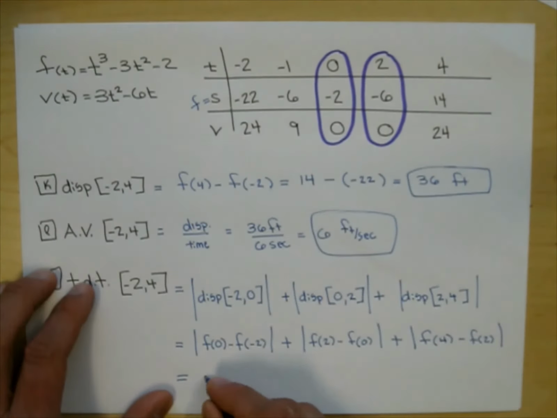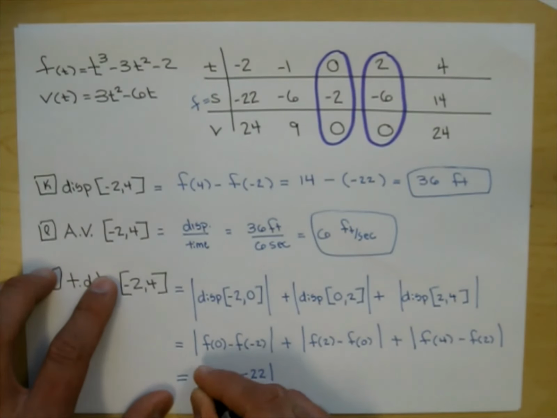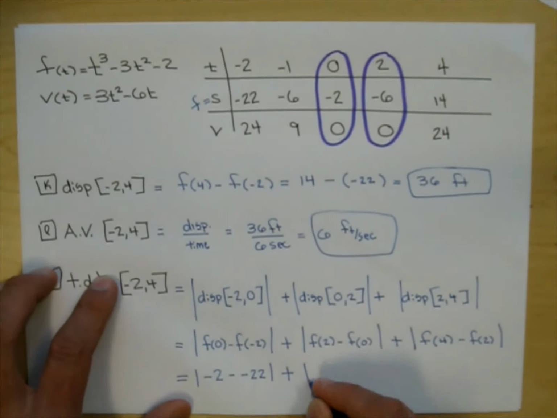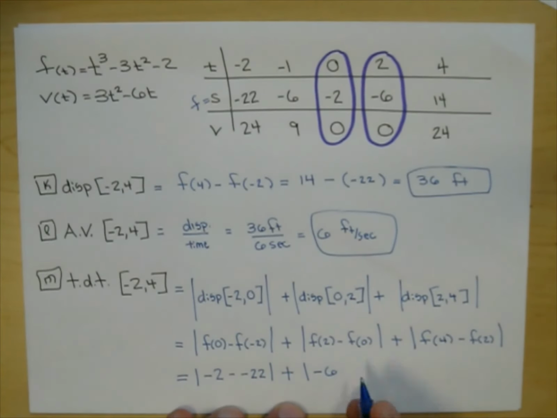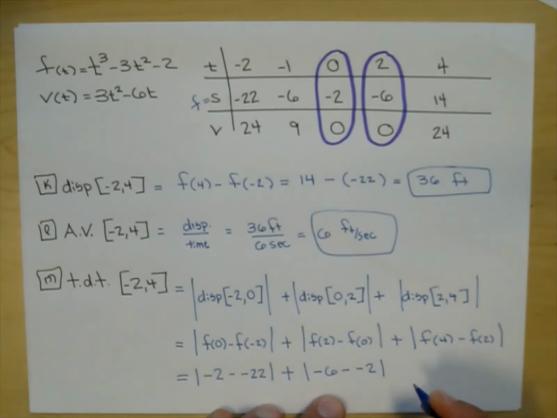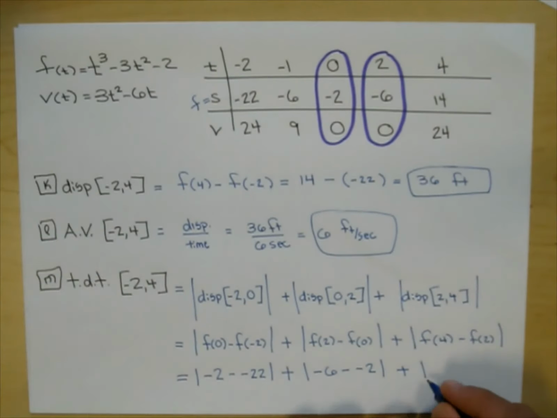F of 0 is -2 minus f of -2. F of -2 is -22. Okay, f of 2 is -6. F of 0 is -2. F of 4 is 14.